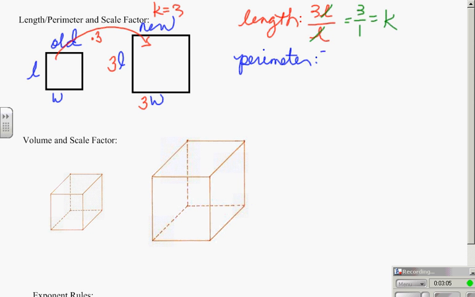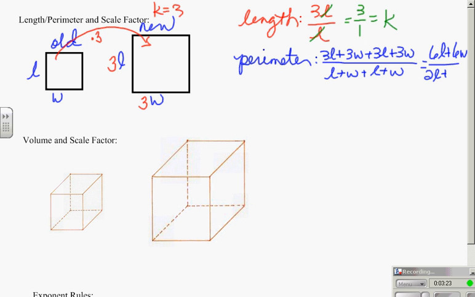The perimeter of my new figure is 3L plus 3W plus 3L plus 3W over my perimeter of my old one, L plus W plus L plus W. That simplifies into 6L plus 6W over 2L plus 2W.